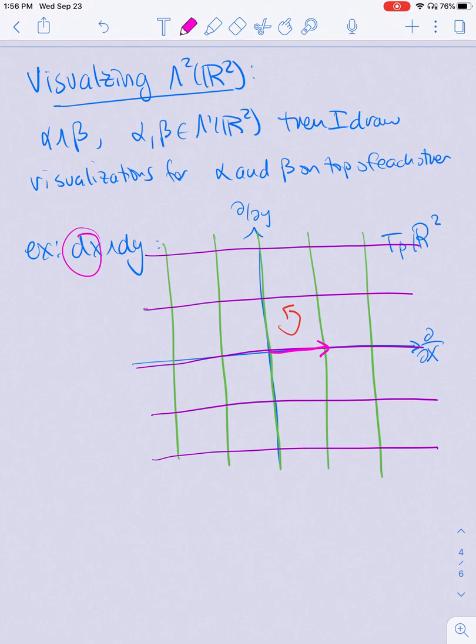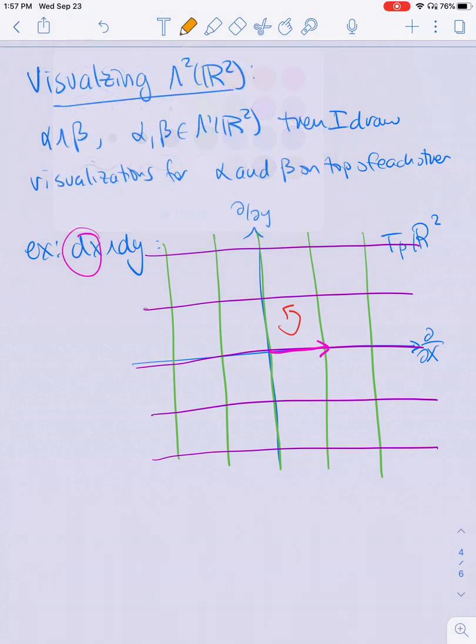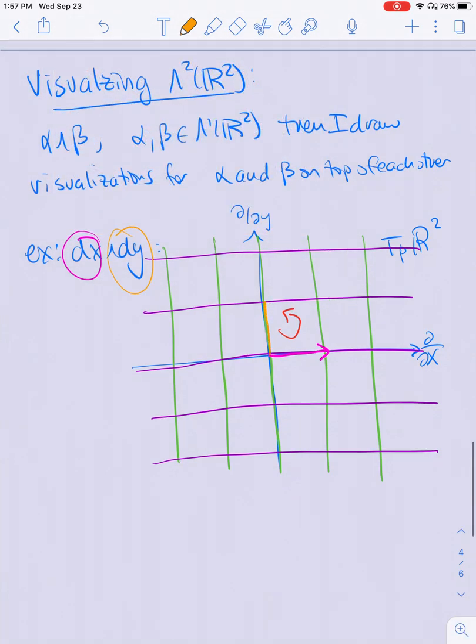It's a vector that is on the 1 level set of dx and on the 0 level set of dy. And I'll take the similar vector for dy: on the 0 level set of dx and on the 1 level set of dy.